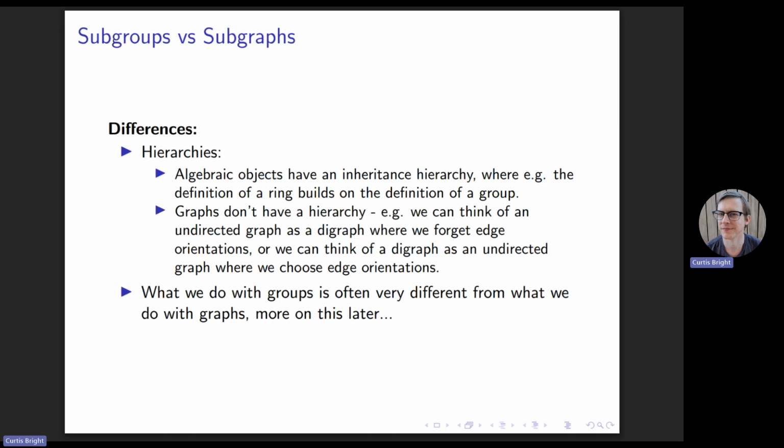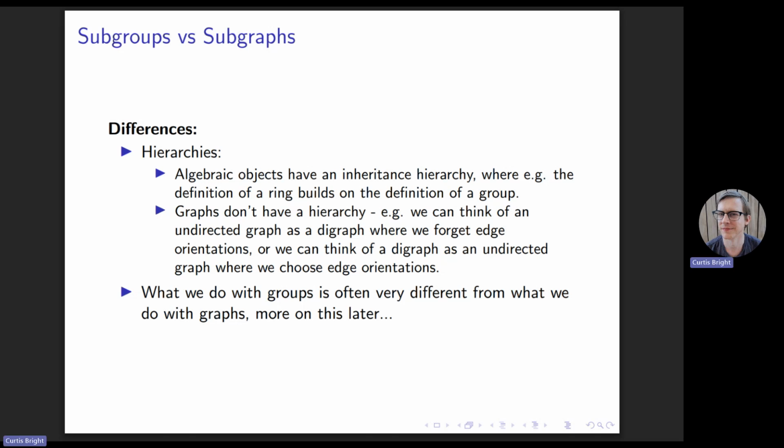For example, we can think of undirected graphs as digraphs where we just forget the edge orientation, or we can think of digraphs as undirected graphs where we add edge orientations for every single edge.